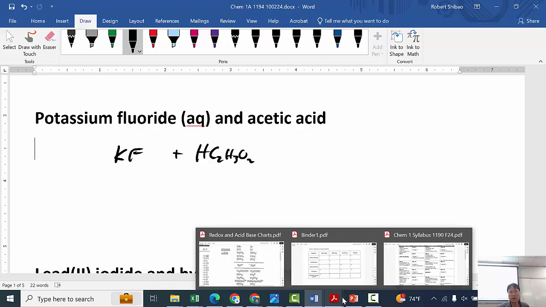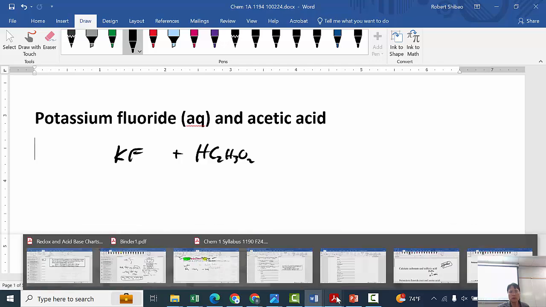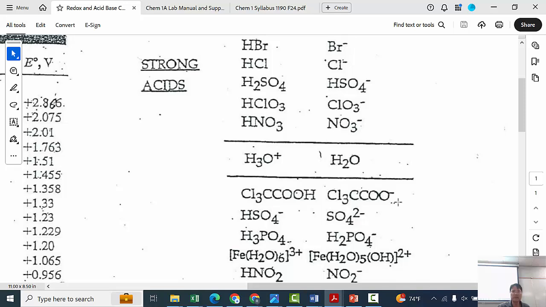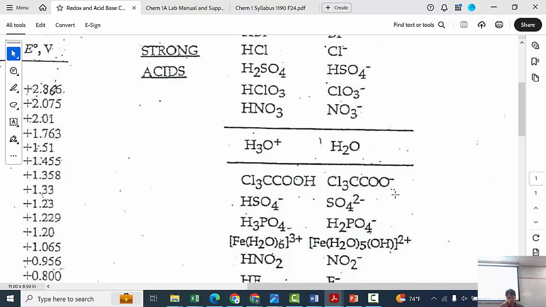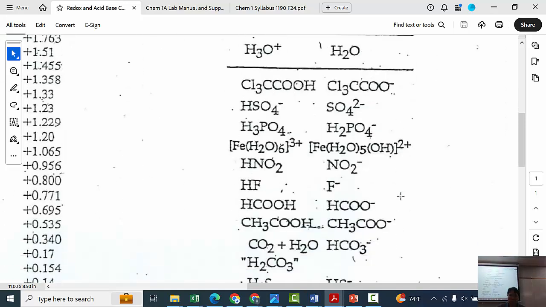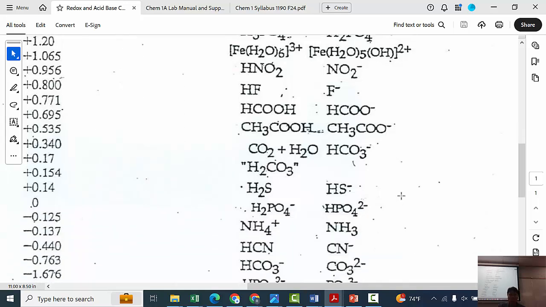I know in our chart it's written differently. It's written as a condensed structural formula. The reason I write it the other way is because this is a BA. You know, the cation is H here and the anion is acetate here. And so I'd rather leave it in AB form.